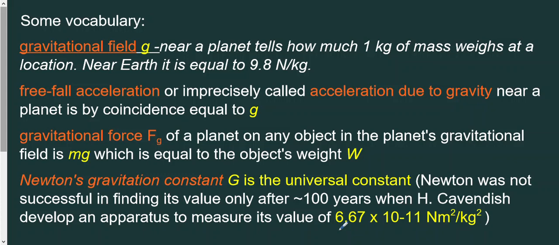Gravitational force, another vocabulary term, is determined by the gravitational field and the mass of the object. So the m here would stand for the gravitational mass. There's another term that they might use in your AP Physics 1 exam, which is called the inertial mass.